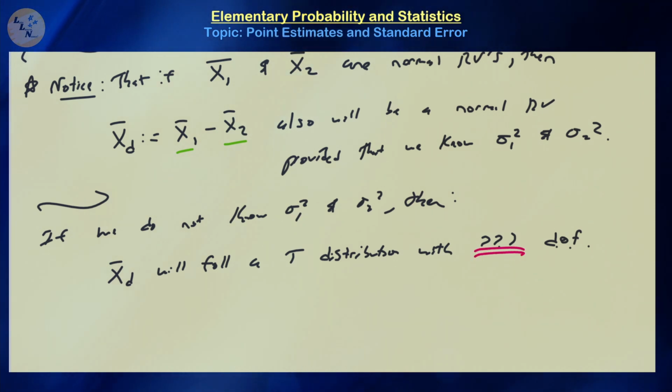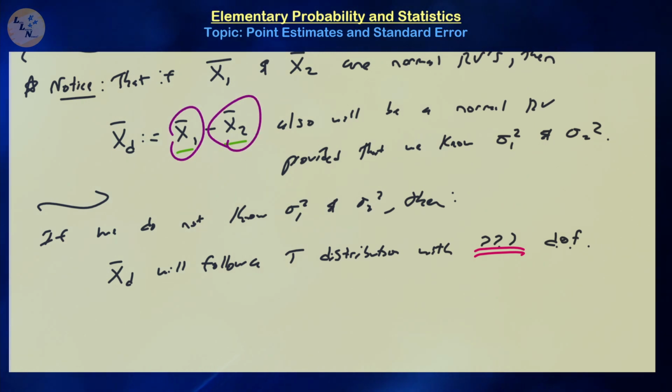Now, I only say question mark degrees of freedom because it's not necessarily obvious as to what the value of nu will be, because the samples that x1 bar and x2 bar are representing need not be the same size. So do you choose the greater sample size, the lesser sample size, an average of the sample sizes, a weighted average of the sample sizes, minus 1 or minus 2?